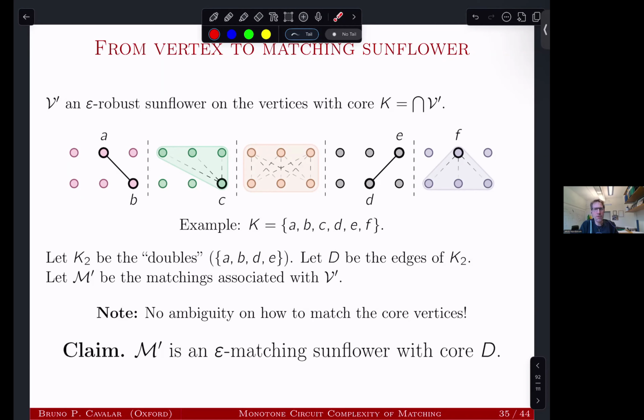But what is going to happen is, these edges are going to be in the core, and what the robust sunflower guarantees for you is that there's going to be a set of vertices coming from these matchings which are going to be colored 1 here, 1 here, and 1 here.